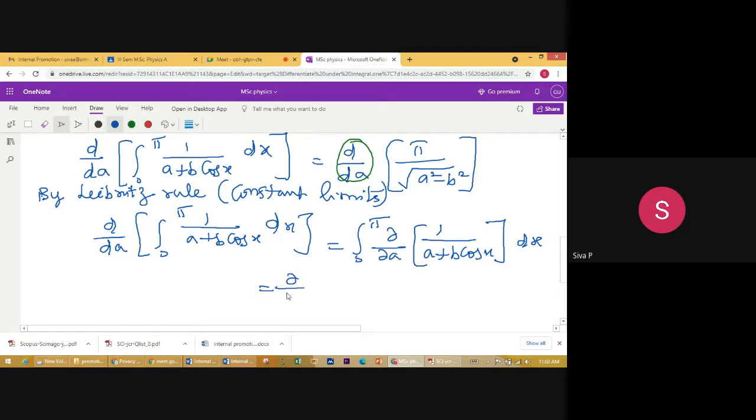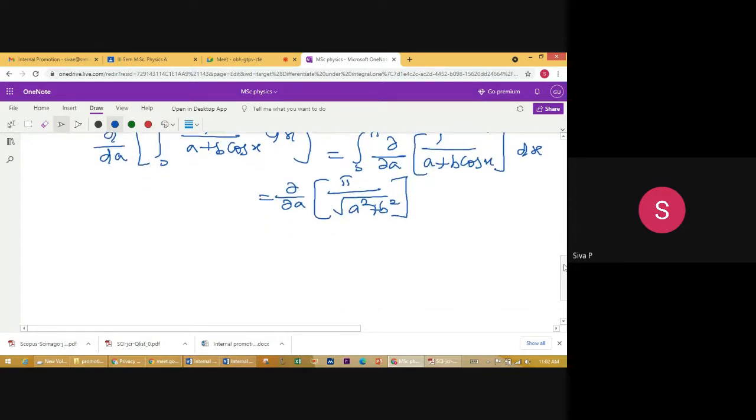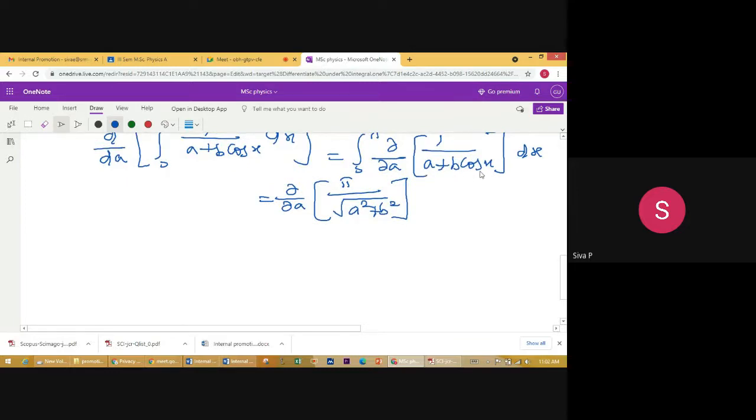Dou by dou a of pi by square root of a square minus b square.